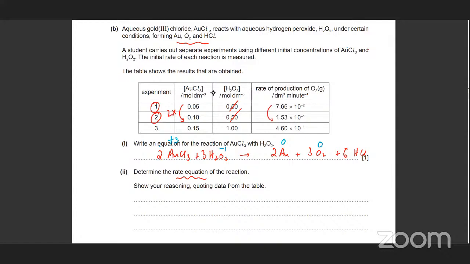That is doubling, isn't it? Check with a calculator: divide 1.53 into 10 to the power -1 by 7.66 into 10 to the power -2, and you'll get the factor. So same ratio. So that means the order with respect to AuCl3 is 1. Is this clear? Yes, sir.